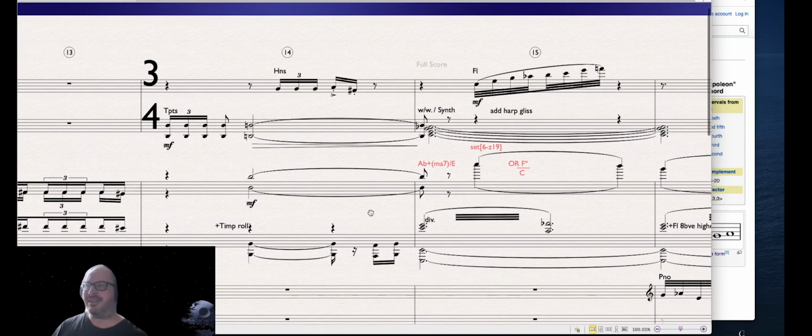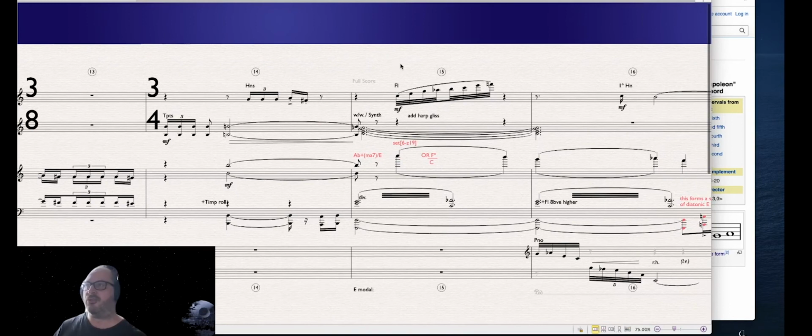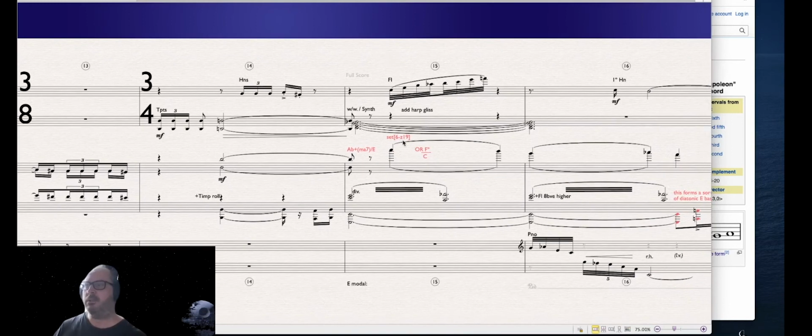Just little hints of change and development. Again, you have to have that because the cue's quite long and you need to maintain the sense of flow and change throughout. We've then got this set here, 6Z19.